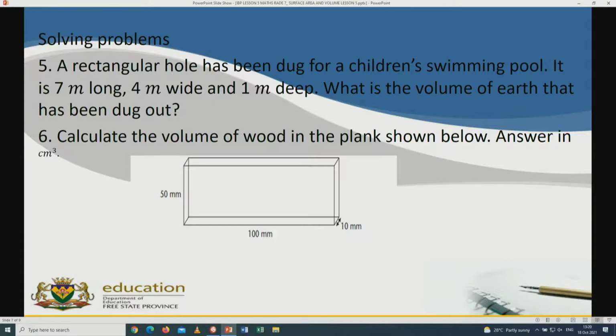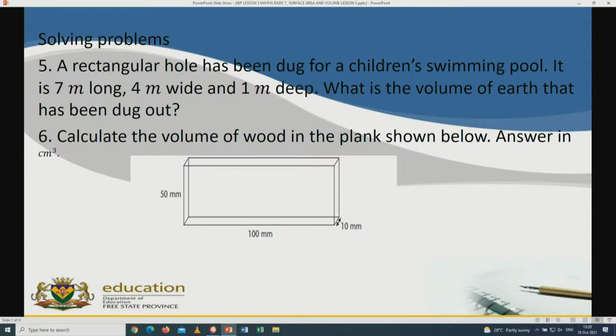What do we do here? You would remember that, now we need to say, all right, let me rewrite the dimensions. They are saying the length of that pool is 7 meters long. It is 4 meters wide, so that is the breadth. And then it is 1 meter deep.